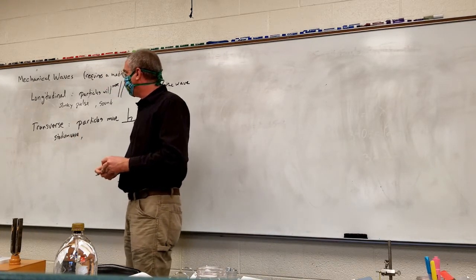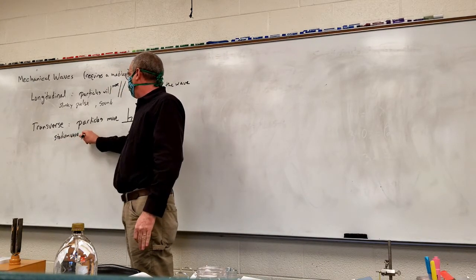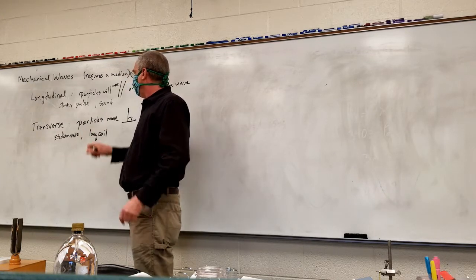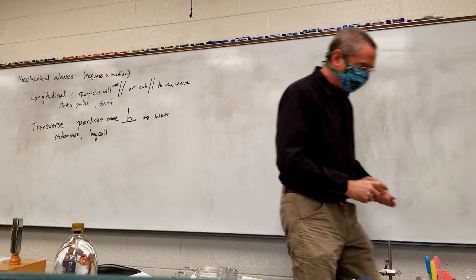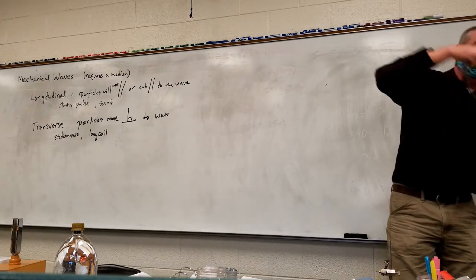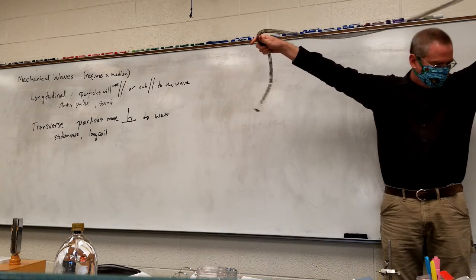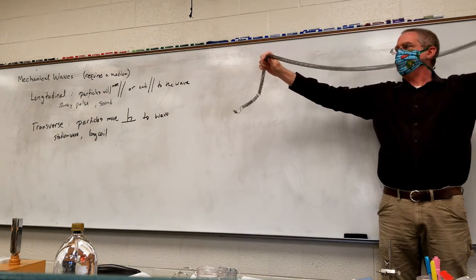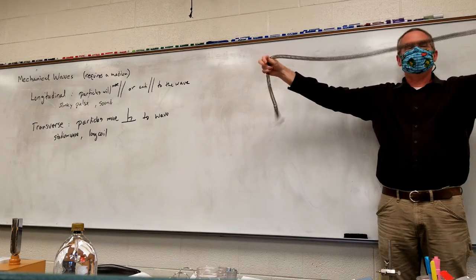Besides the stadium wave, a transverse wave, an example is a long coil. And that's about a third of it right there. And so I can put a pulse into it.